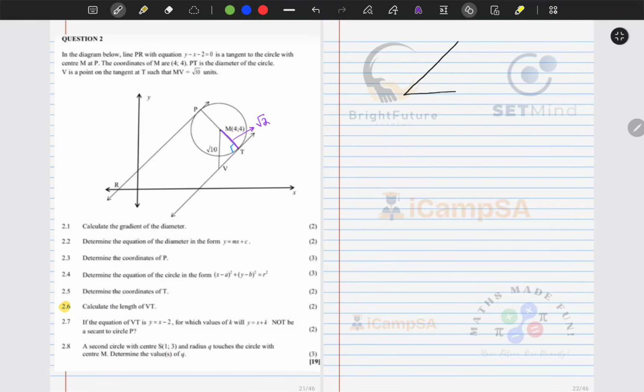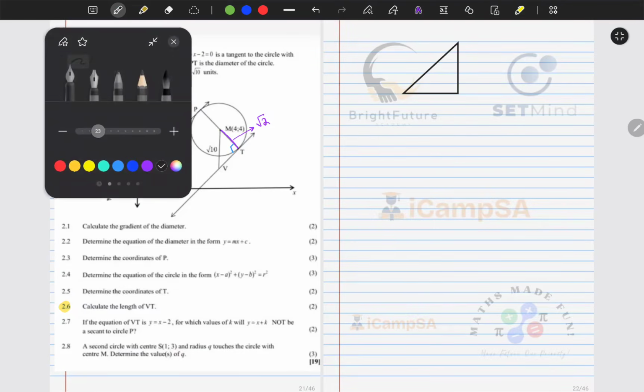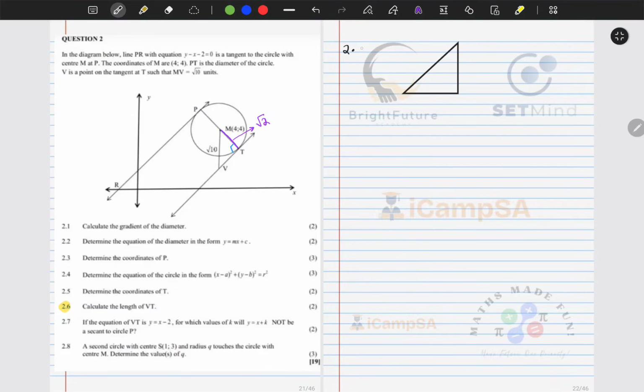So all this means is the following. It means we have a simple triangle that we need to deal with. And this is for 2.6. That triangle has M, and then it has a T. This length here is square root of 2. And we have a V here, and this was given to be square root of 10. Okay. And what we are trying to figure out is what VT is equal to.